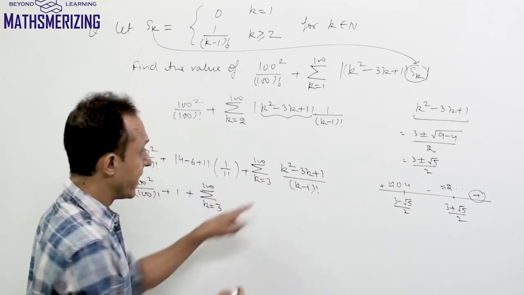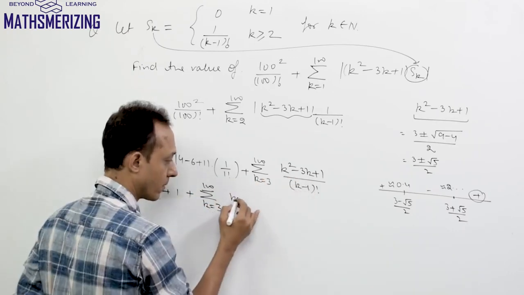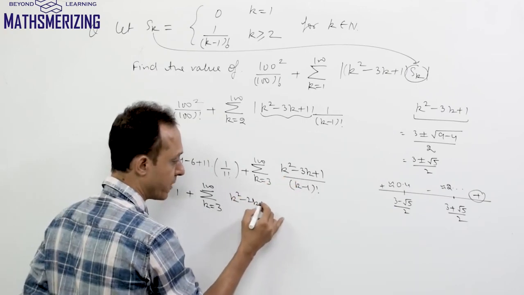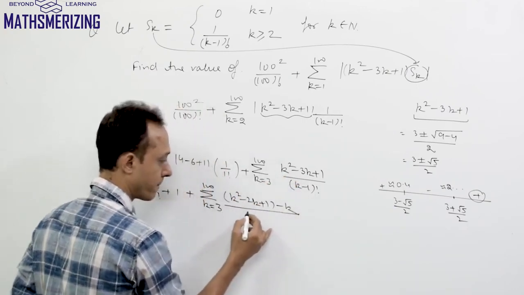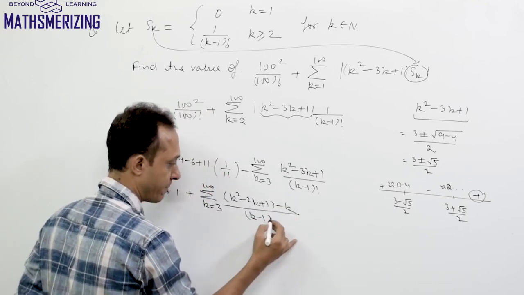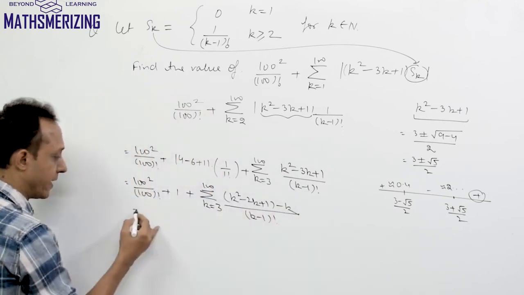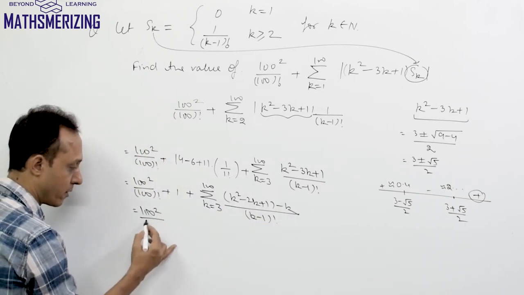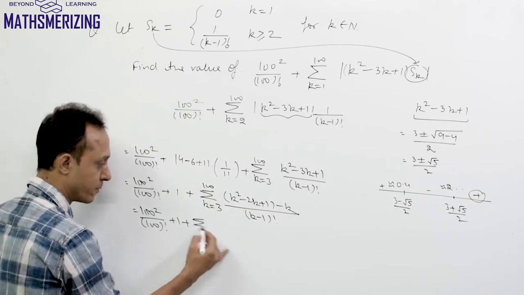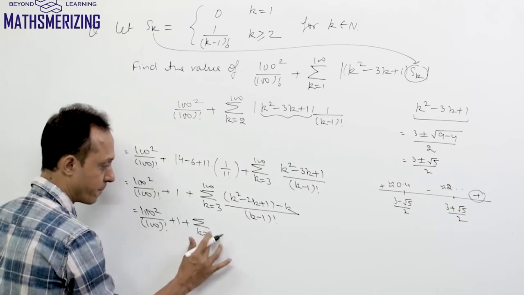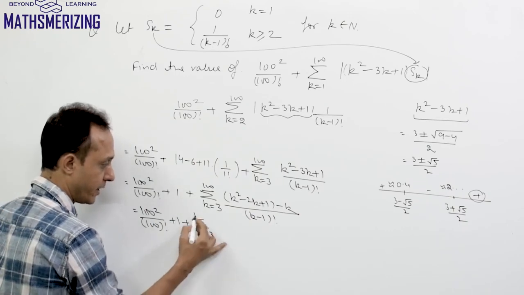Now what I'll do is express it as (k square minus 2k plus 1 minus k) upon (k minus 1) factorial. So I'll write it as 100 square upon factorial 100 plus 1 and summation, the value of k varies from 3 to 100.